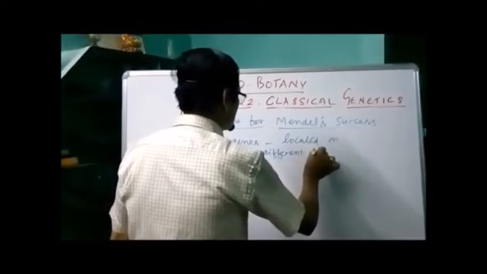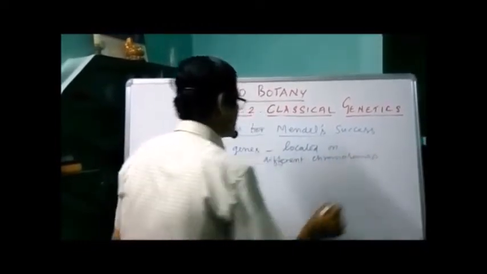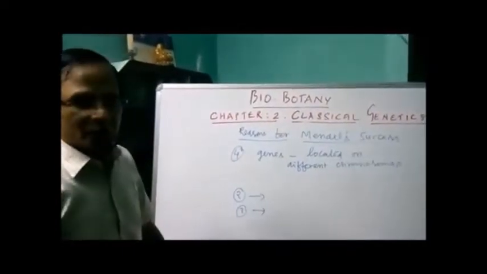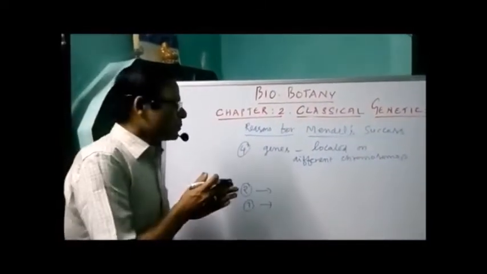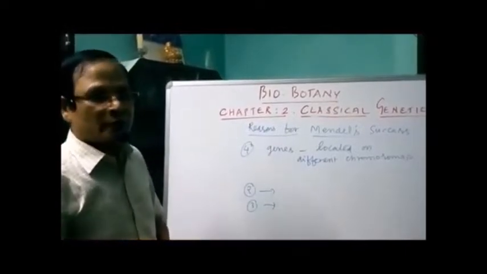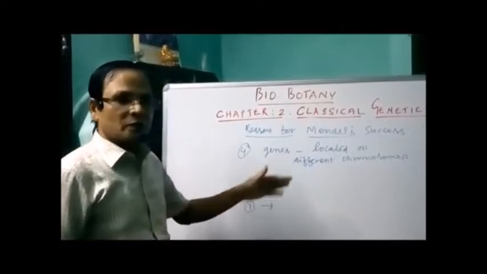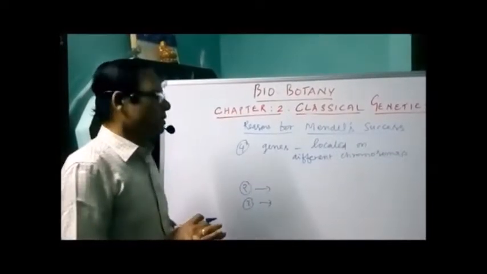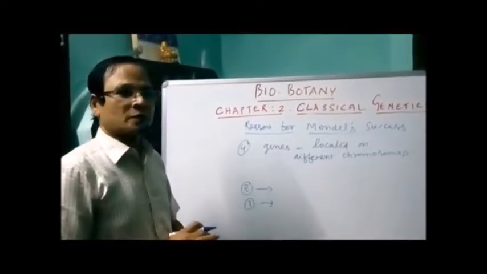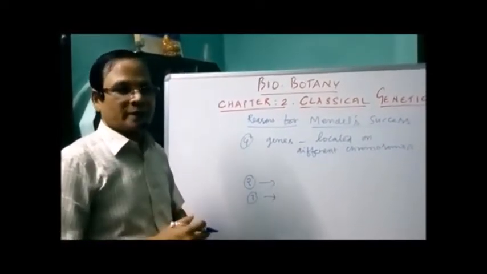Genes for contrasting characters are located on different chromosomes. And that is the main reason he proposed the law of independent assortment, we'll see later. Because of the presence of genes located on different chromosomes, he made the law of independent assortment.